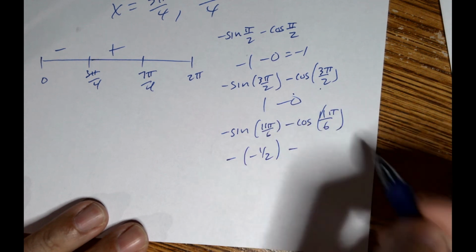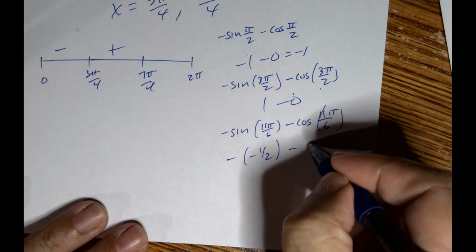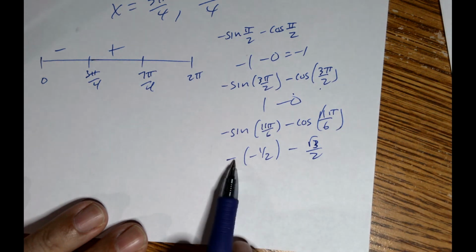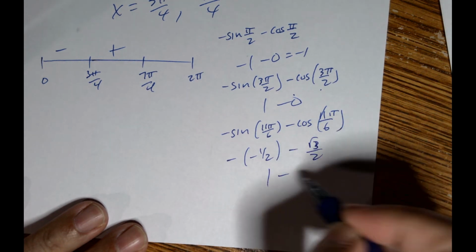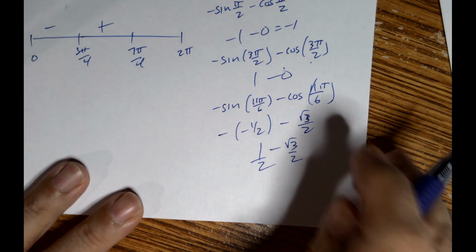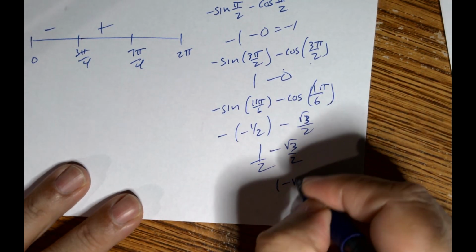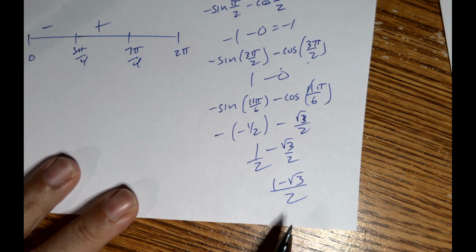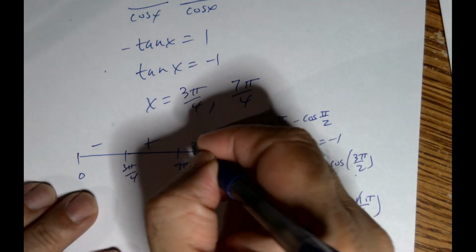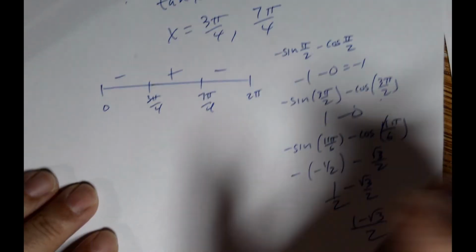And the cosine of 11 pi over 6 is square root of 3 over 2. So that's positive 1/2 minus square root of 3 over 2. Well, square root of 3 is bigger than 1, so that's going to be a negative value, right? So it's negative, positive, negative.